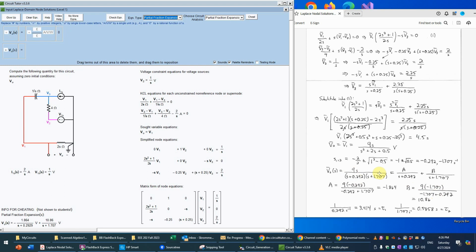The second term is gone, so we don't show that. And then we just do the math here, and that works out to be 10.86. And you can see that makes sense because these have different signs, so this gets smaller than the 1.707, and therefore it's something that's going to be a little bit bigger than 9, and it is.